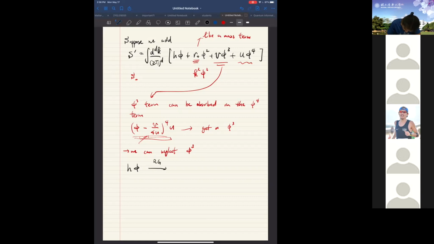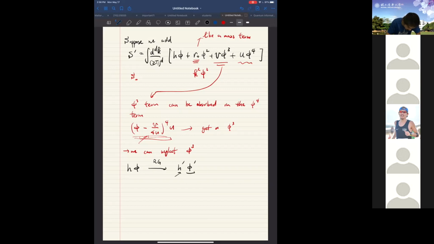And then I know I should end up with the new field operator and the new coupling constant for the linear term, right? That's what the RG is for. Want to trace the changes of the coupling constant.